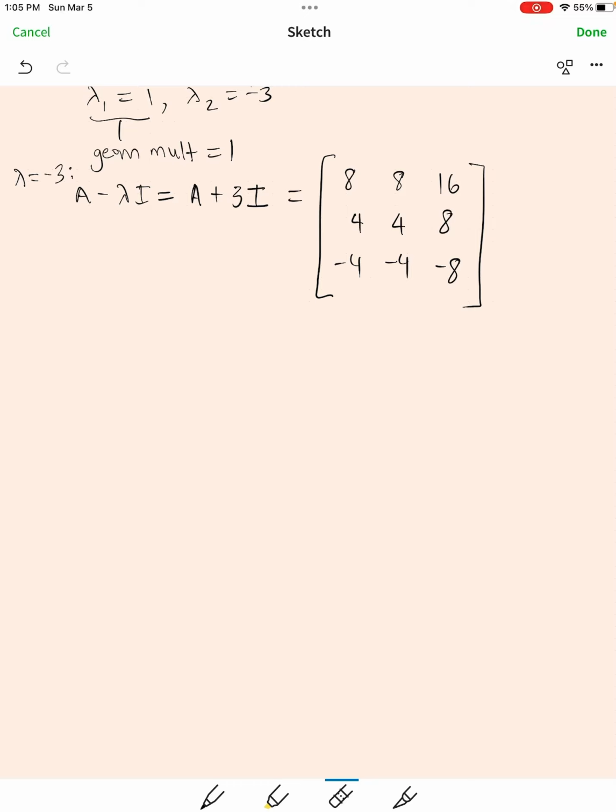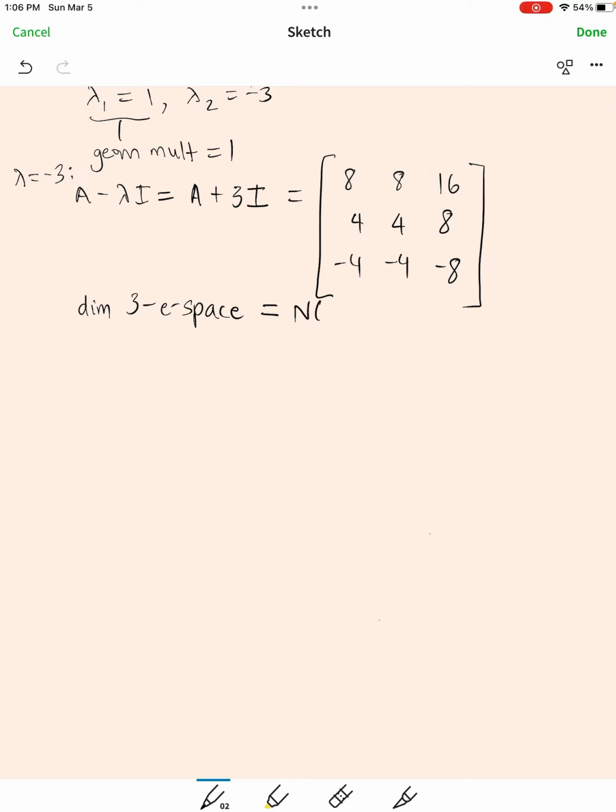But what we need is the dimension of the negative 3 eigenspace. And remember, how is this dimension related to this matrix? Is it the rank?